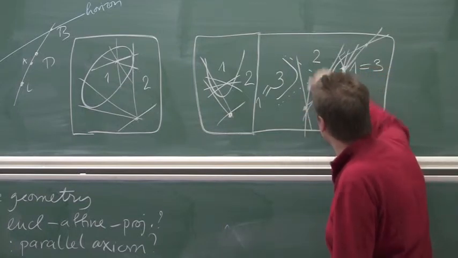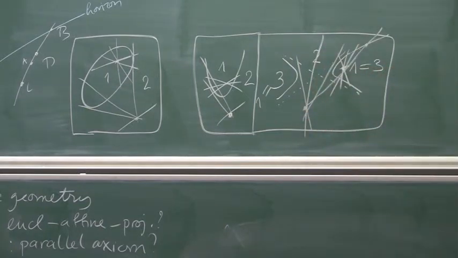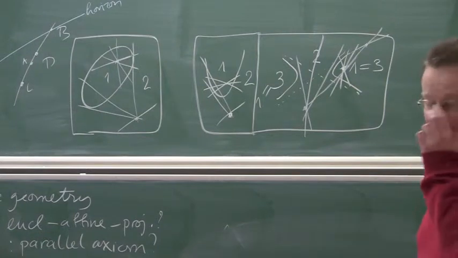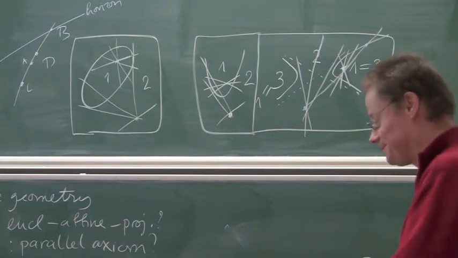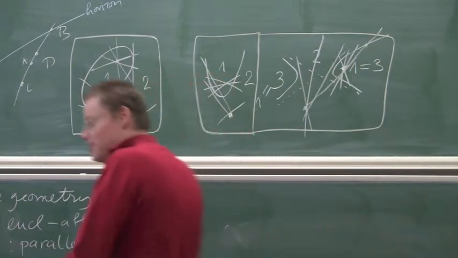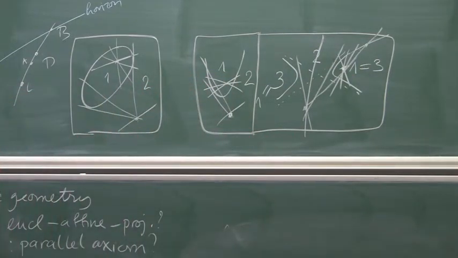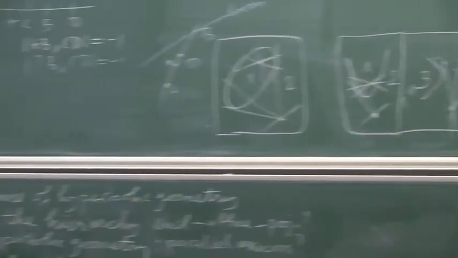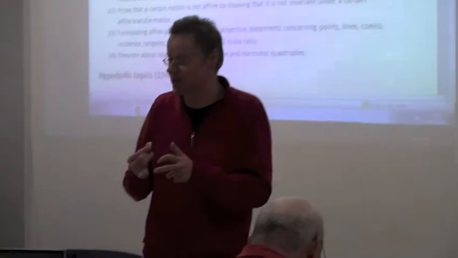And of course lines which do not intersect like this. Okay. Now why is this important? It's really rather a nuisance. Things would be easier if there wasn't a difference between the interior and the exterior.